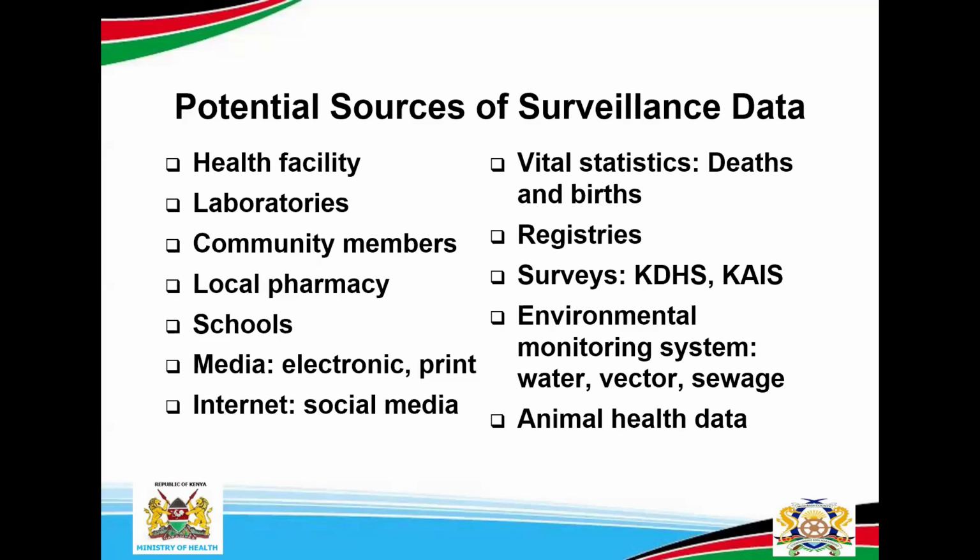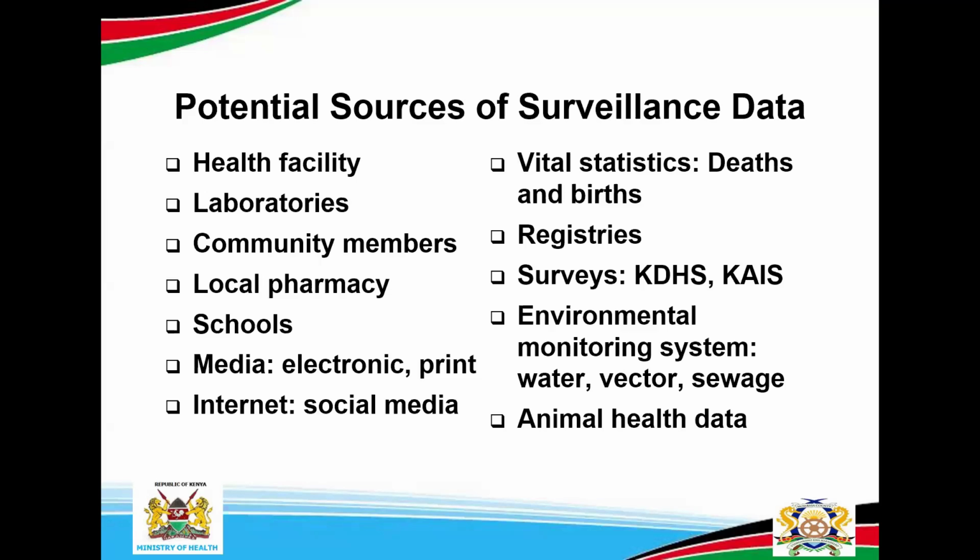Another source of data is the lab. As I've said, when you confirm a disease, when you go to the lab, you can retrieve which diseases are mostly reported in this particular region.